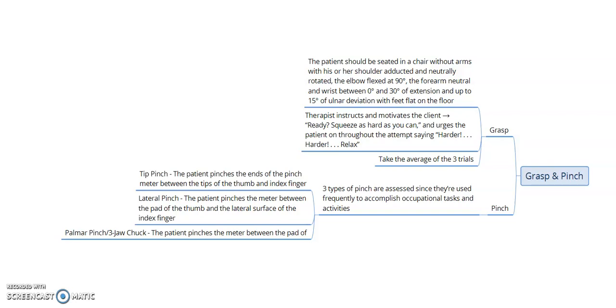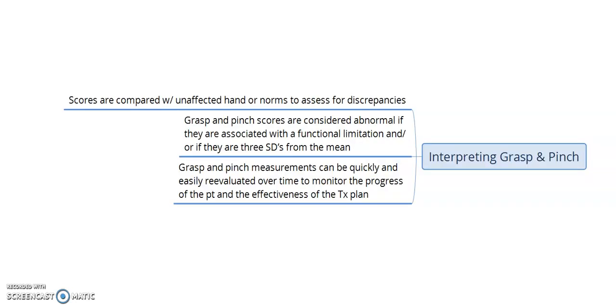When you're assessing pinch, however, you need to do the 3 different types of pinches, which are the tip-to-tip pinch, the lateral pinch, and the palmar pinch, or the 3-jaw chuck pinch. The results of grasp and pinch scores are compared with the patient's unaffected hand because we don't compare it to norms.